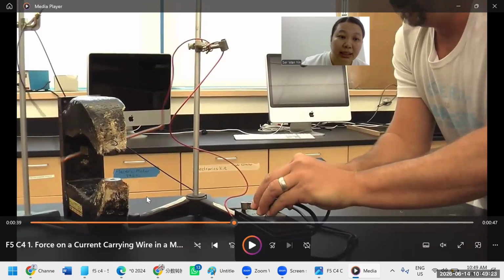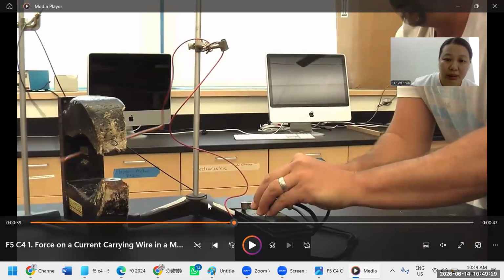You know why? First, look at their battery, so big. This one current is very high. Second, look at this magnet, so huge. And some more, this is a neodymium magnet. Very, very strong magnetic field.